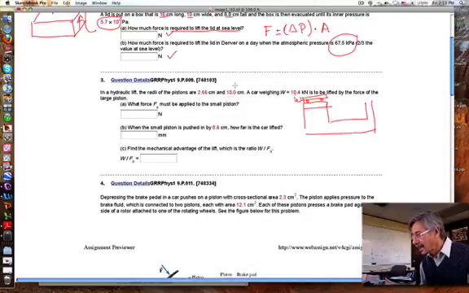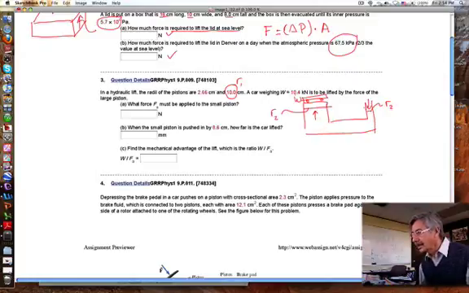It has a radius of 10 centimeters. So this is R1, and this will have the radius R2. Which is the force that you have to apply here? Well, the force that you have to apply here is such that you have the same pressure here as the pressure that you have there.